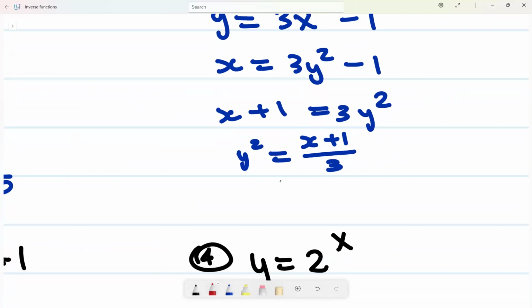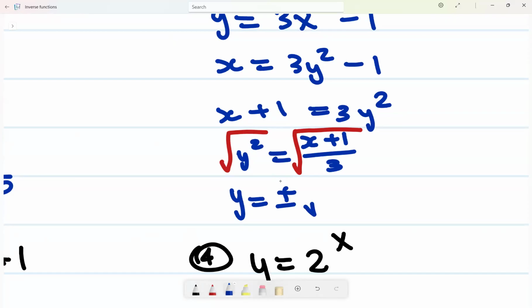Then I need to take a square root on both sides. But remember, when I take a square root, I'm going to say y is equal to plus or minus the square root of whatever I have inside.